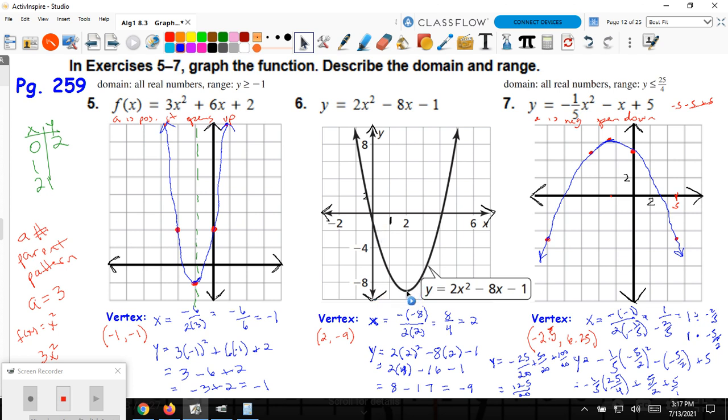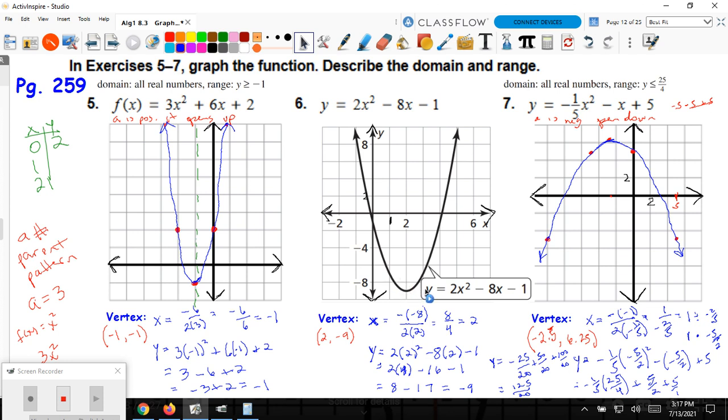So the pattern would be 2 squaring to its 4, then 2 times 4, that would be 8. So we'd have to go up 8 from here. So again, this is going to be 2, 4, 6, and 8, going by 2s. And then we can do it by 1 right here. 1 would normally go up 1, so 1 times 2 is 2, so we're just going to go up 2. We can put it right there.